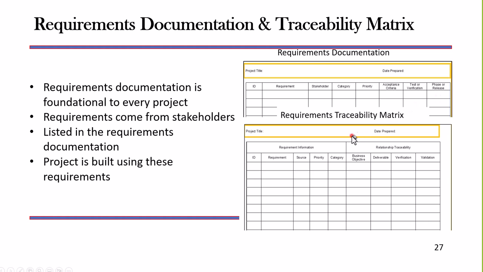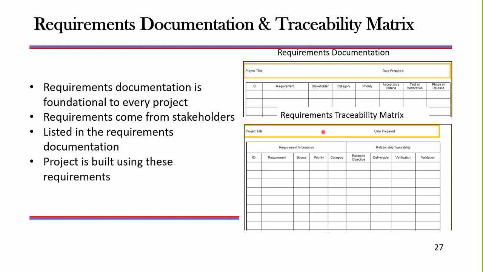Now we take this one level further, and that is through the requirements traceability matrix. If I have a question on a requirement, who do I go to clarify that question? I need help on a requirement. Who do I go to? That's what this traceability matrix does. We trace those requirements back to their origin so that we can get more information or do whatever we need to do with regards to those requirements.